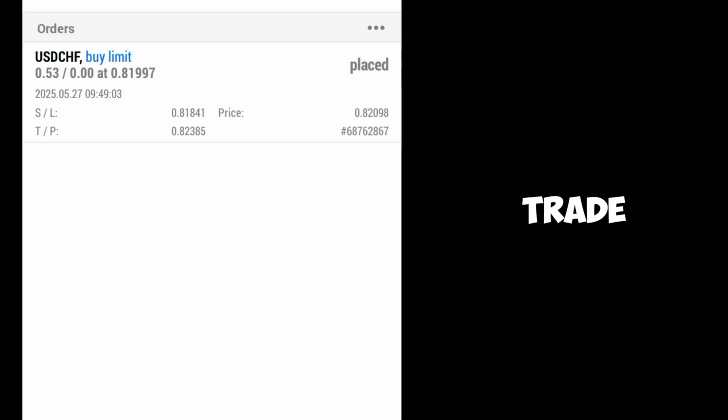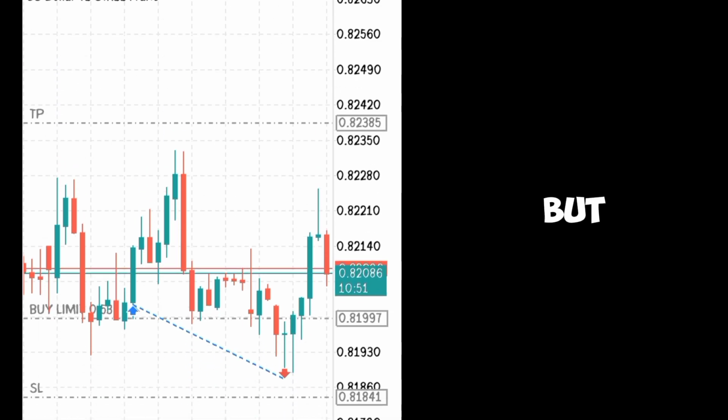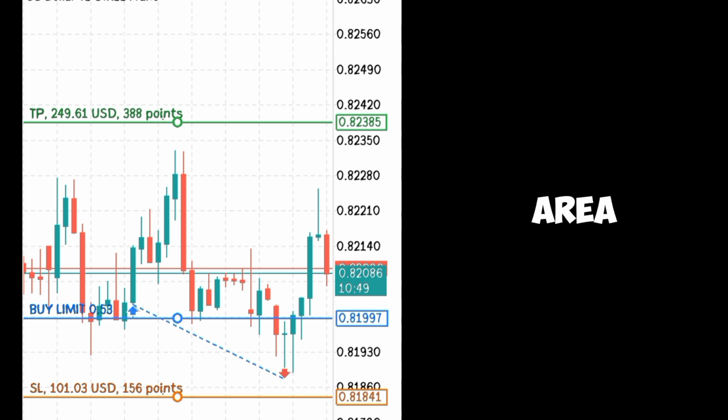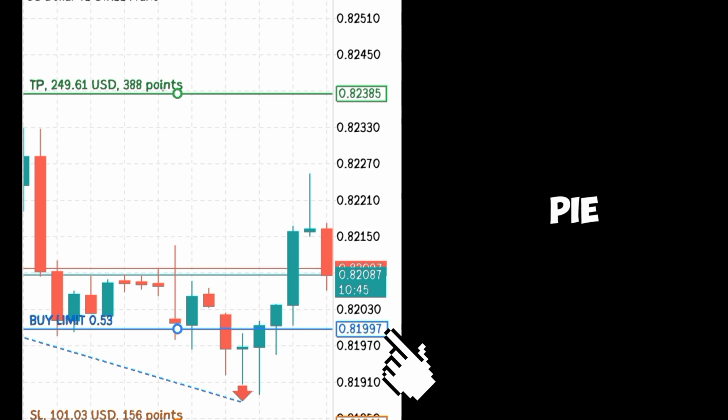Now this is the trade that has not started to run, okay, but once it gets below to that buy limit, it triggers a trade for me.